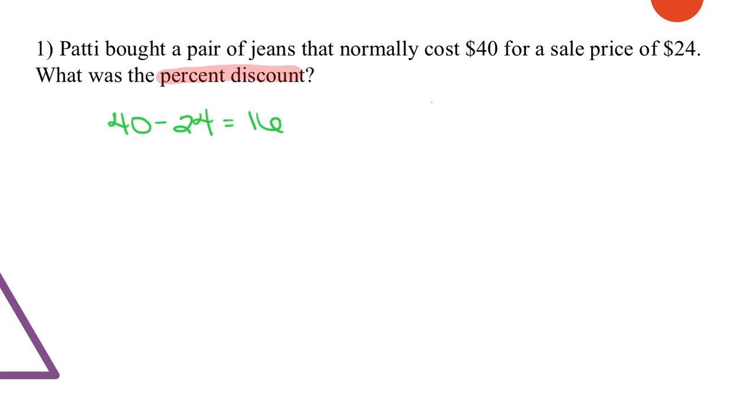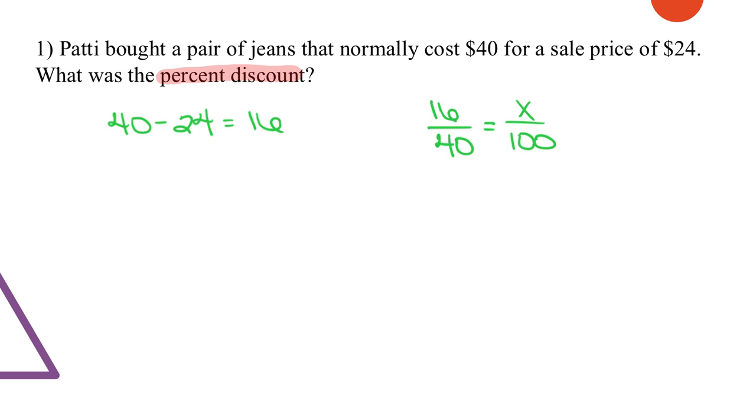16 is the part. The whole, why the 40? Because it's the normal cost. Very good. The original price, the normal cost, that's your whole. And we are locating the percent.